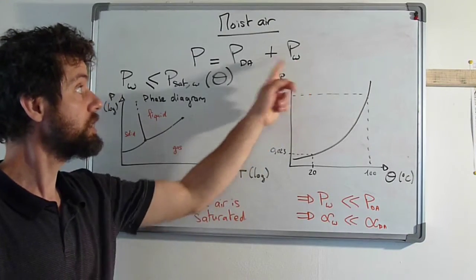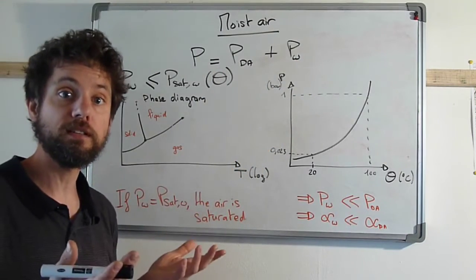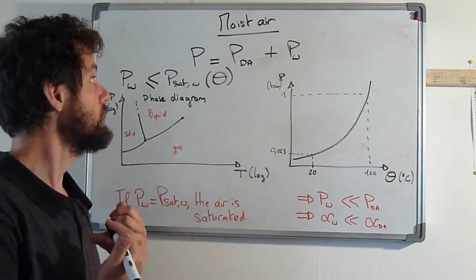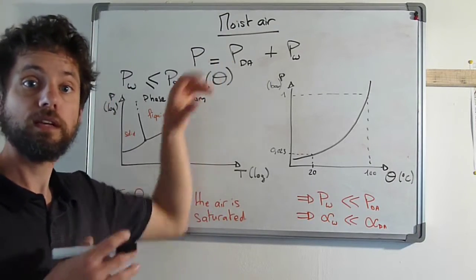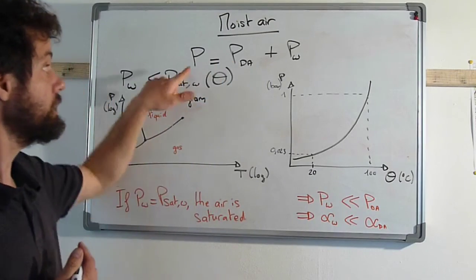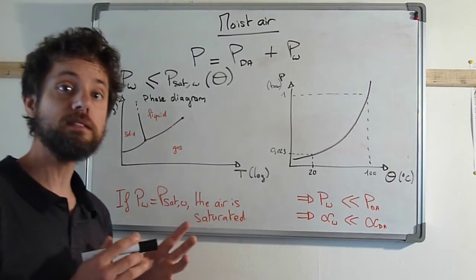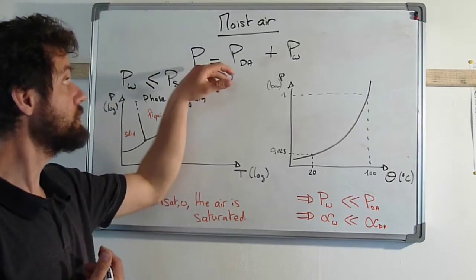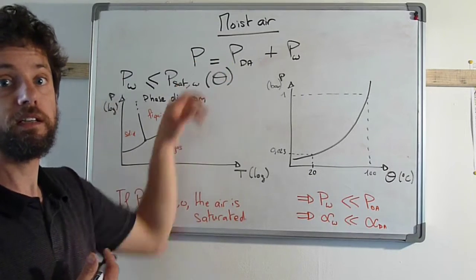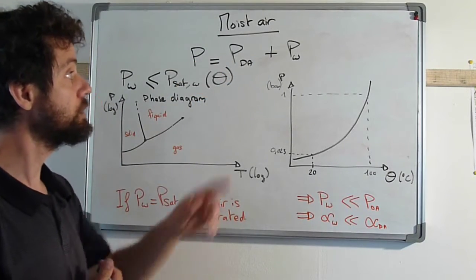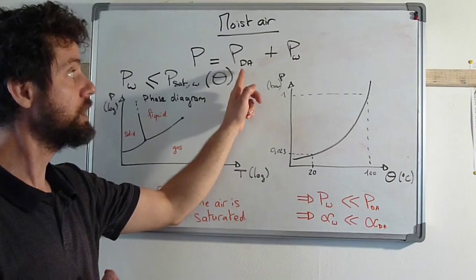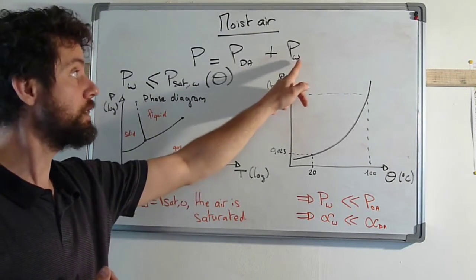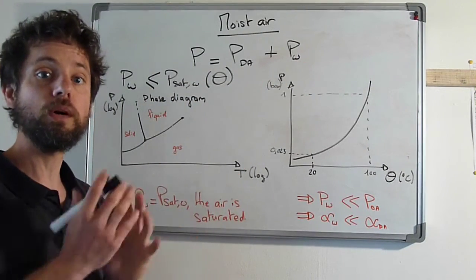So the partial pressure of both components will of course be lower than the total pressure that we have, and the total pressure in many cases is atmospheric pressure. So this one is around 1 bar in almost all cases. So it means that the partial pressure of dry air and of water are both below 1 bar.